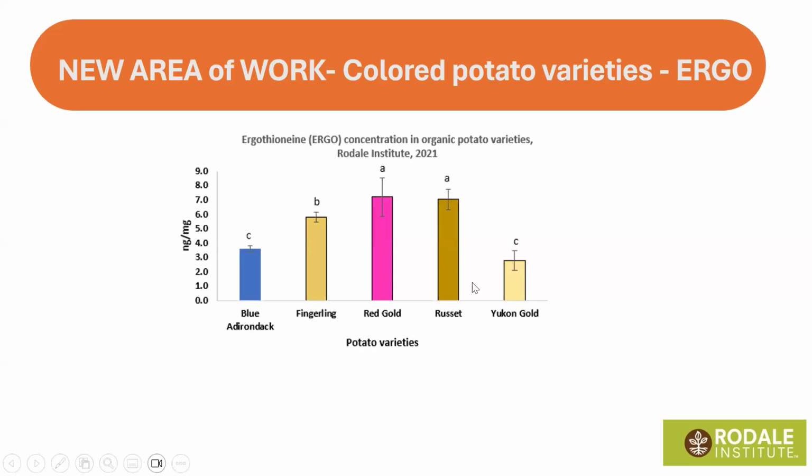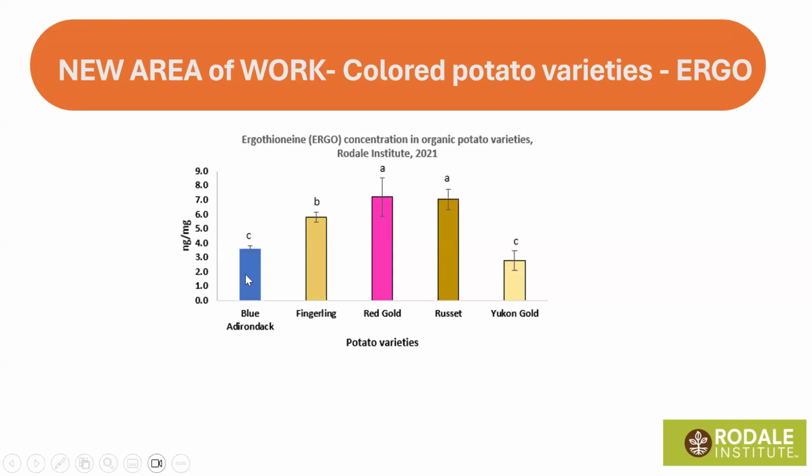So this is our first step of understanding where these varieties fit, or where we may have more or less of ergothioneine. But I want to point out that despite having more ergothioneine in these two varieties, we have other nutrients, such as Yukon Gold having higher carotenoids than red gold or russet.